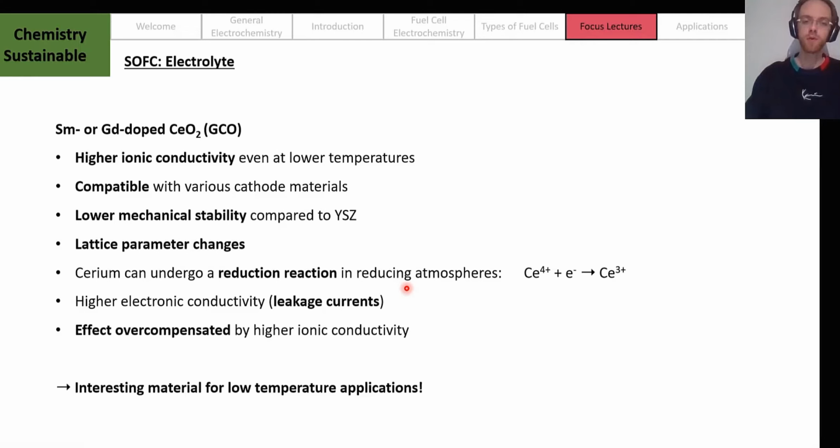We've learned that we want ionic conductivity of the electrolyte and ideally little or no electronic conductivity. As the material has a certain electronic conductivity, we typically have leakage currents which hamper the efficiency of our fuel cell. The effect is, however, overcompensated by a higher ionic conductivity for this kind of system. So the material is in fact interesting for low temperature applications.